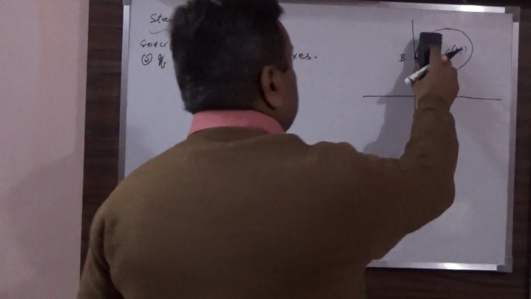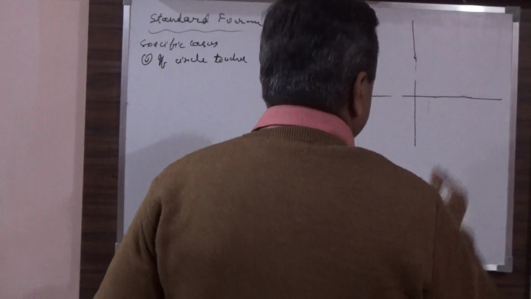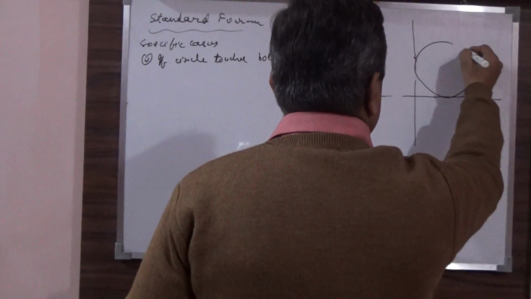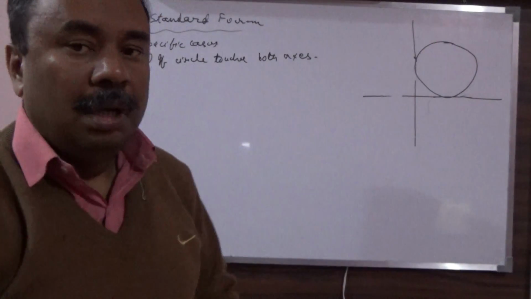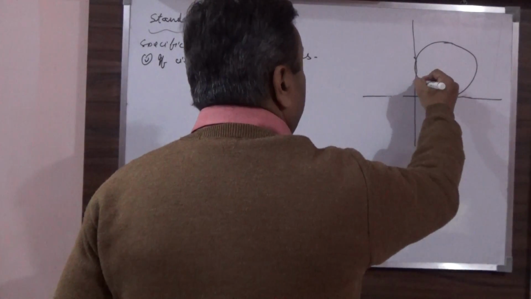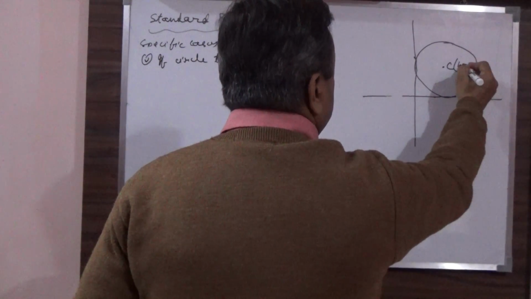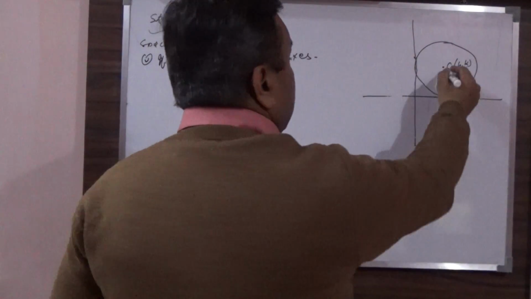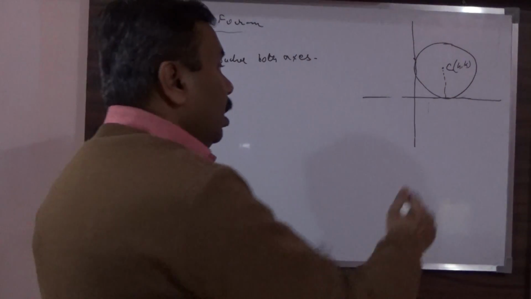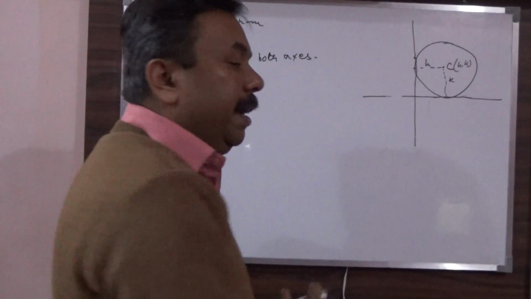Obviously, whatever is this C, that is (h, k). This distance will be k, and this distance will be equal to h.